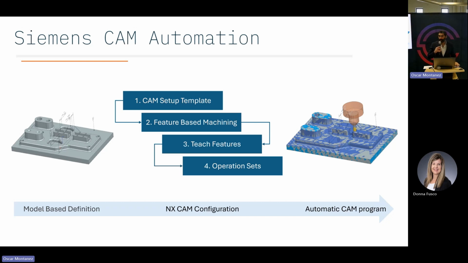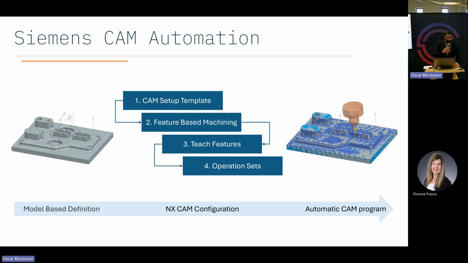So in Siemens NX CAM, we have 4 different functions that are available to us to teach it manufacturing strategies. The first one is called CAM Setup Template. So you're going to have your particular machines and your particular setups, along with whatever tools you have in your machines.